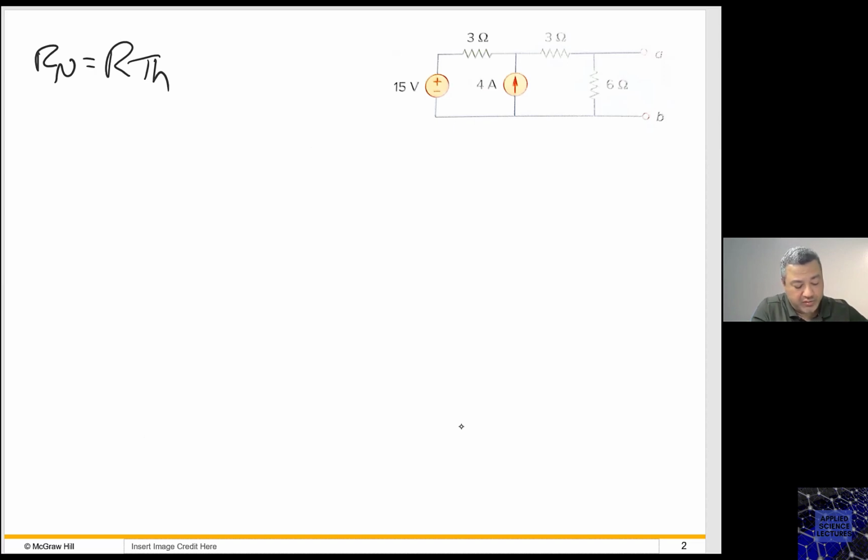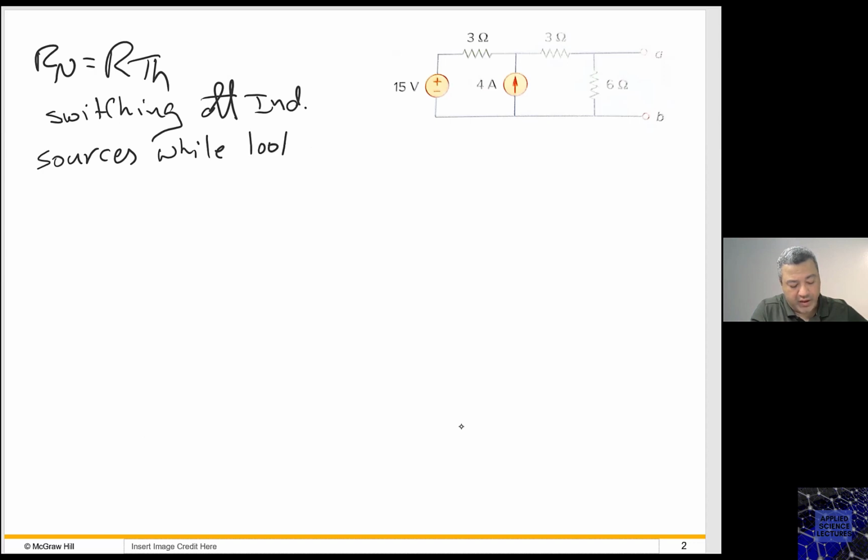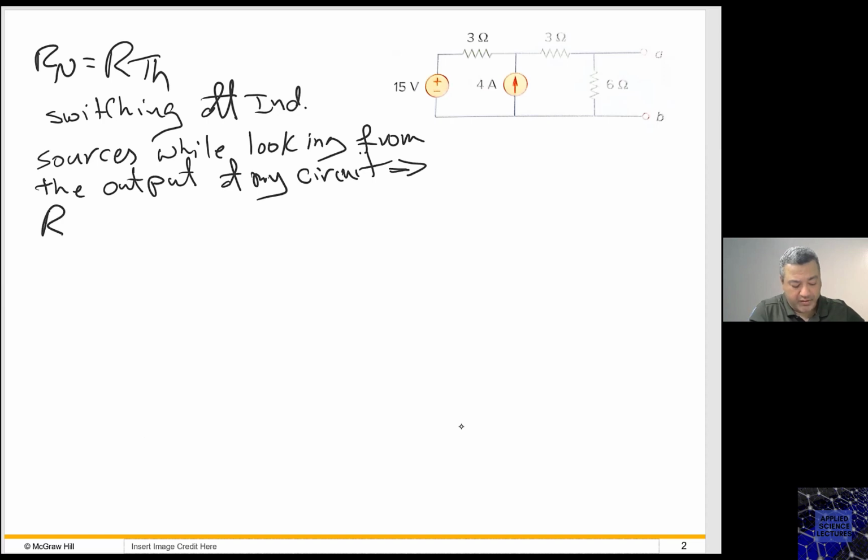So switching off independent sources while looking from the output of my circuit, I can find the R Norton.